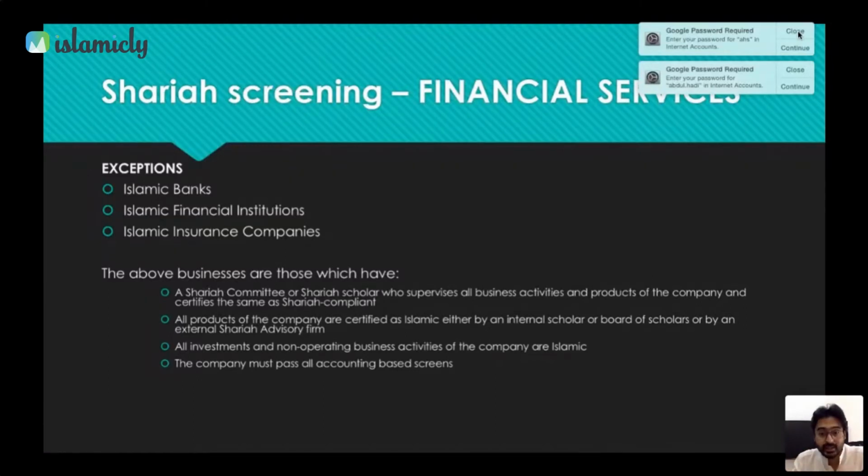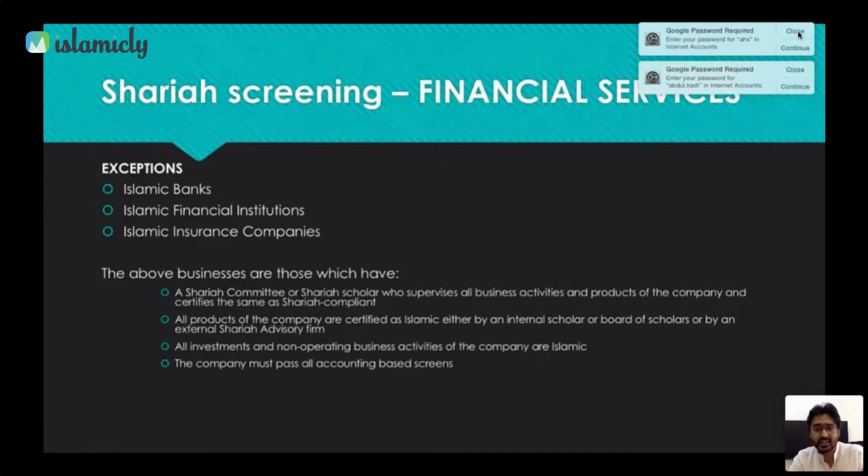Even your investment side should also be done in a Sharia compliant manner. Because you're saying that you're a Sharia compliant financial institution, all of your activities should be Sharia compliant.